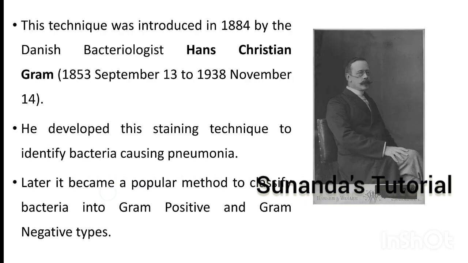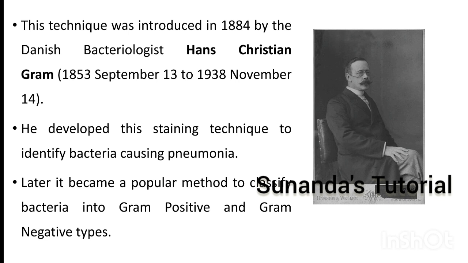Okay, so this technique was first introduced in 1884 by a Danish bacteriologist. Bacteriologist means the scientist who carried out experiments on bacteria. So he was a famous bacteriologist, Hans Christian Gram.